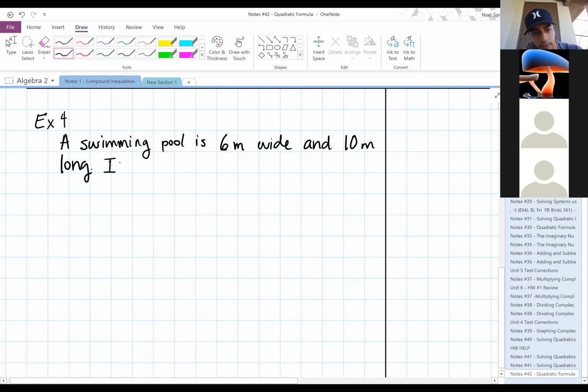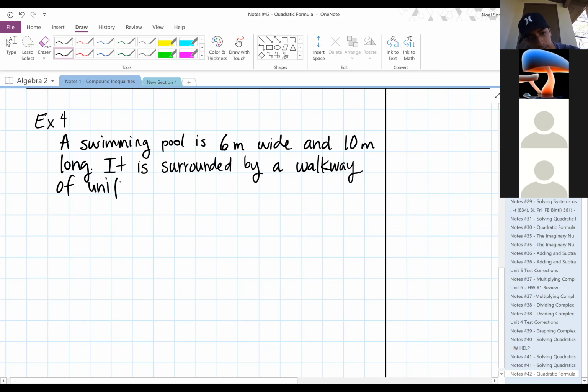It is surrounded by a walkway of uniform width.